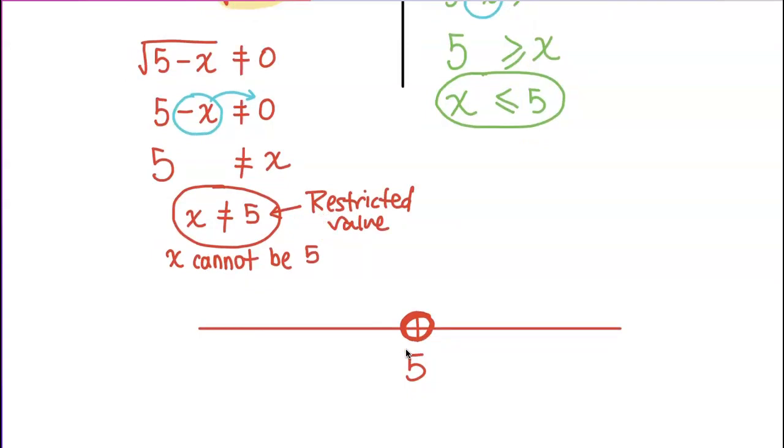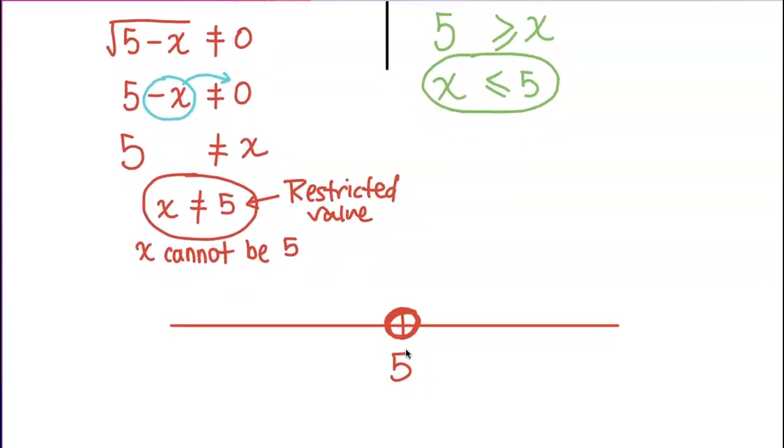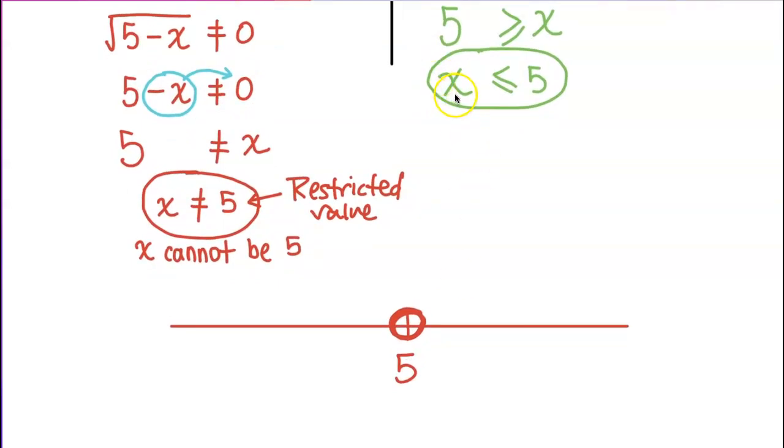X can't be equal to 5. Also, the x has to be smaller than or equal to 5. But remember, this first part, we already kind of concluded that x can't be equal to 5. So we're not going to consider the 5, because if you plug in 5, the function will be undefined. So what we have to do is just pick all the numbers that are smaller than 5.